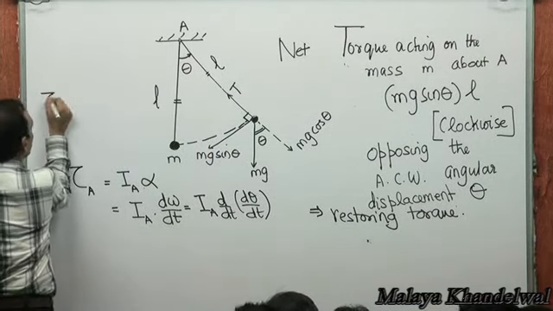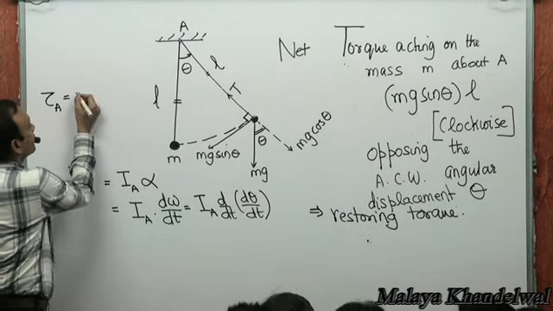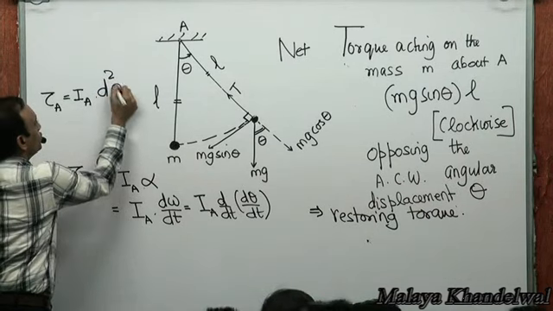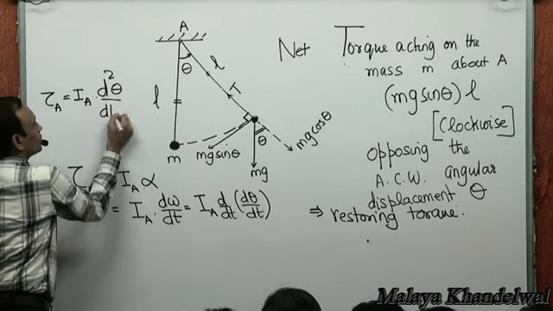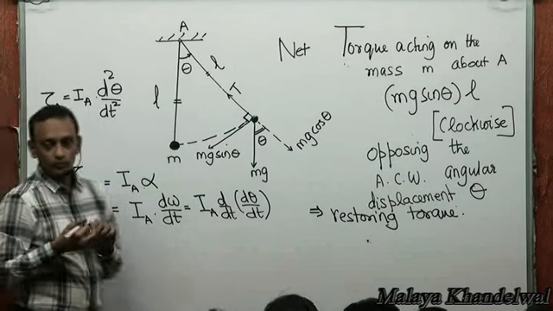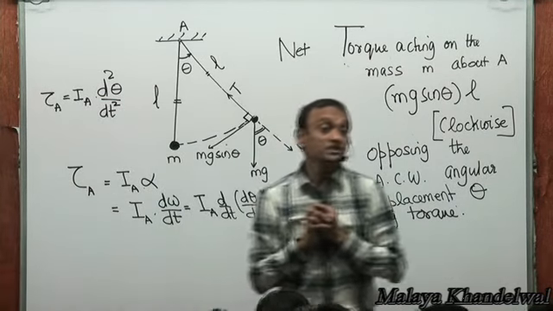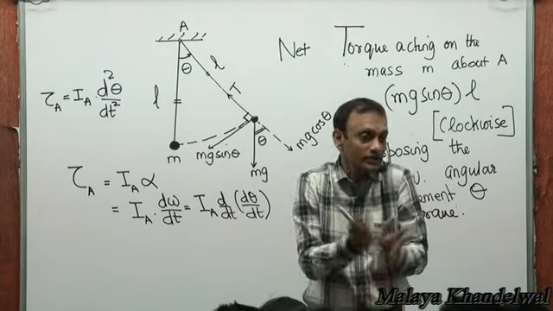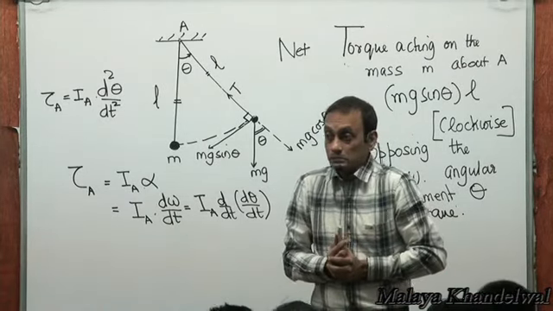So the torque about A is written as I about A into d2 theta dt2, where I_A is the moment of inertia of the bob, the particle m, about A, right?